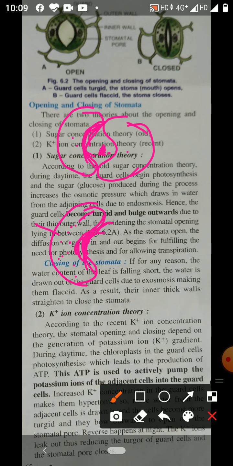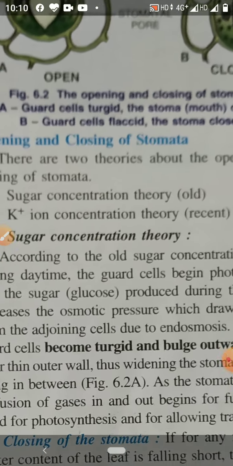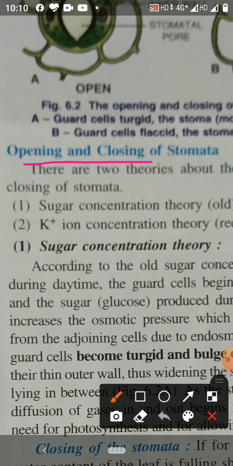Children, you have studied that stomata remain open during the daytime in the presence of light and remain closed in the night in the absence of light. You have to study how the stomata open and close.